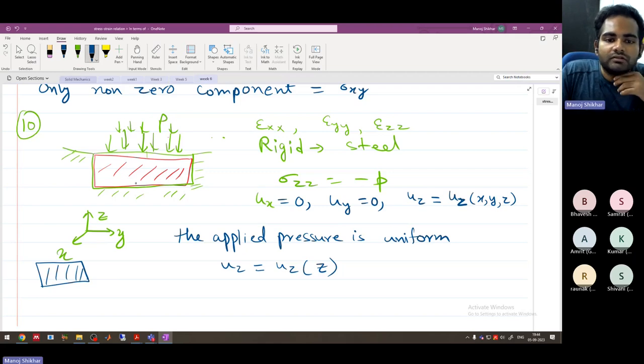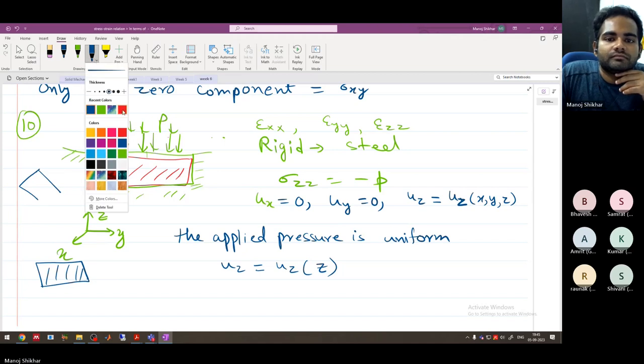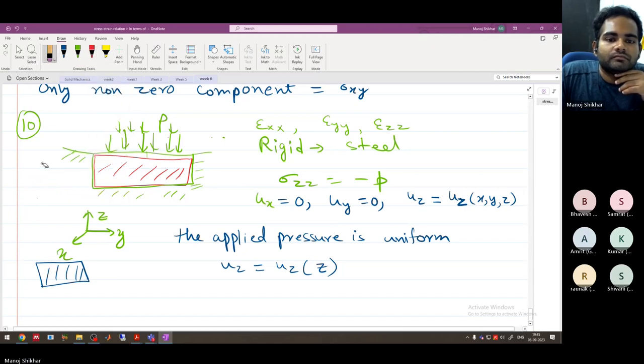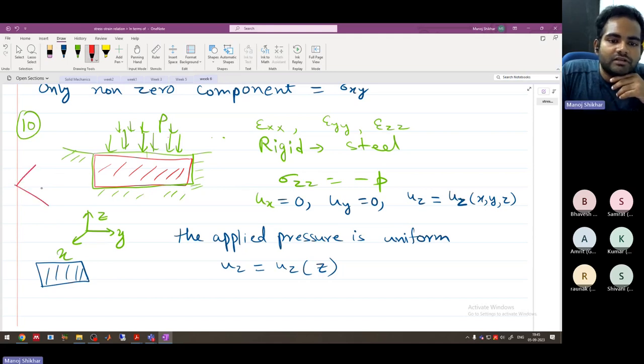So what we are doing, suppose, let's draw from a different angle. Let us assume this is our rubber block.